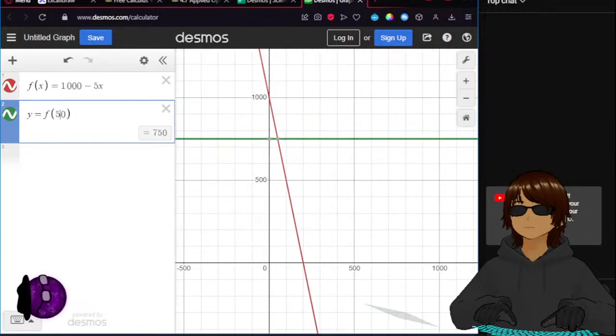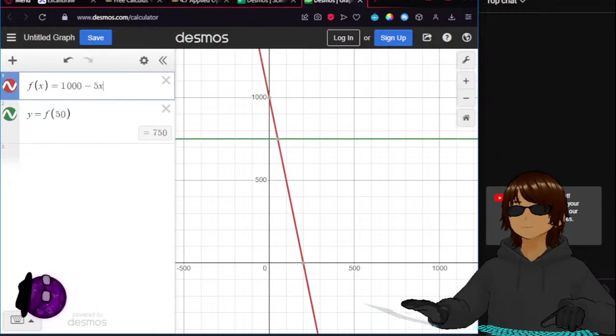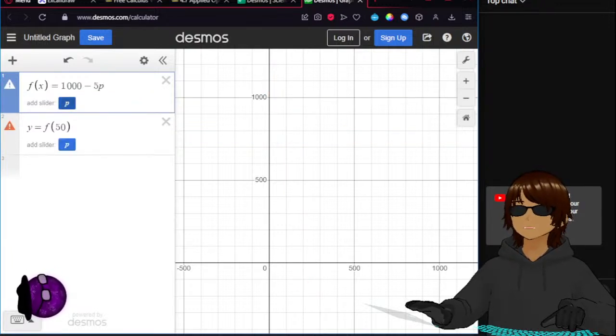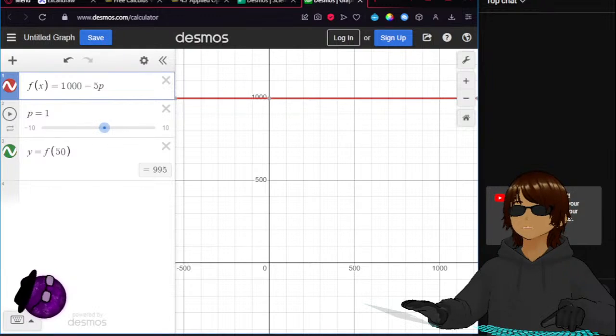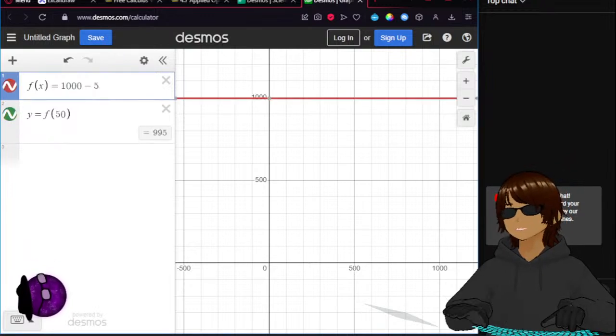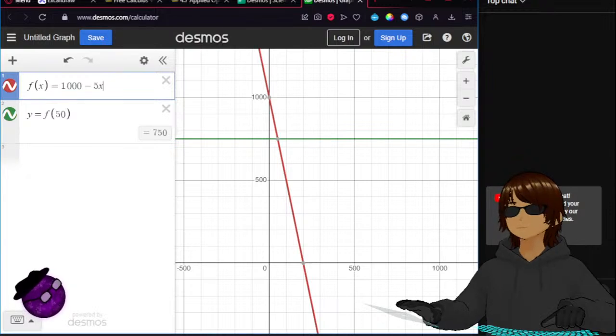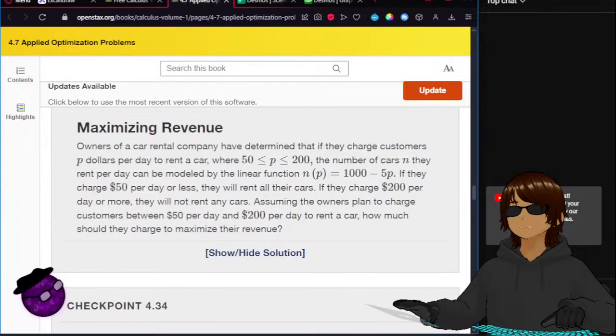50 is the minimum. How do I add a slider? Not slider. How do I do a piecewise function? So if they charge 50 per day or less, they will rent all their cars.